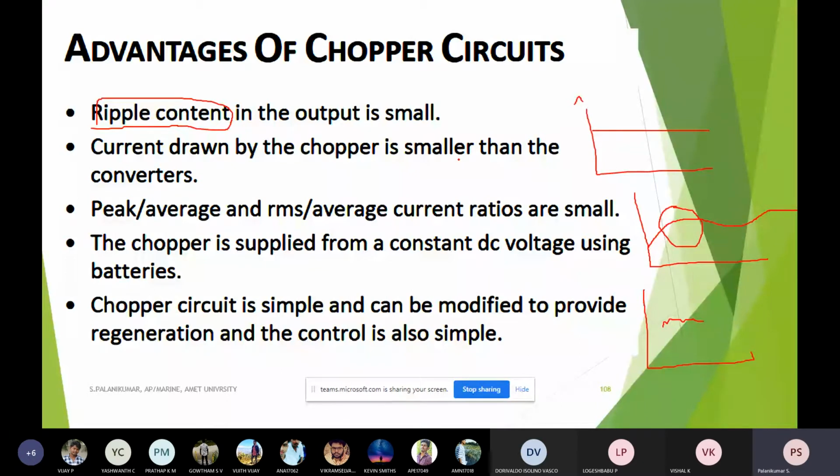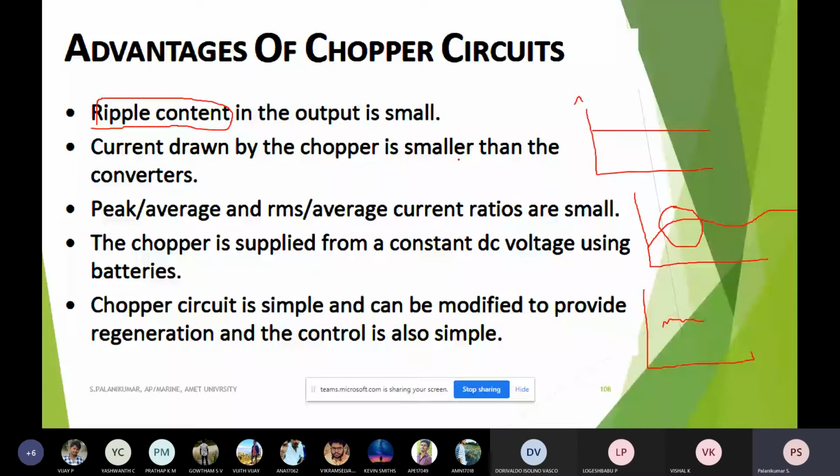As non-electrical students, you have to understand one concept. In a converter, we talk about the firing angle, whereas in a chopper we talk about the duty ratio. The terminologies are different in order to distinguish the process. In a converter we have a firing circuit.